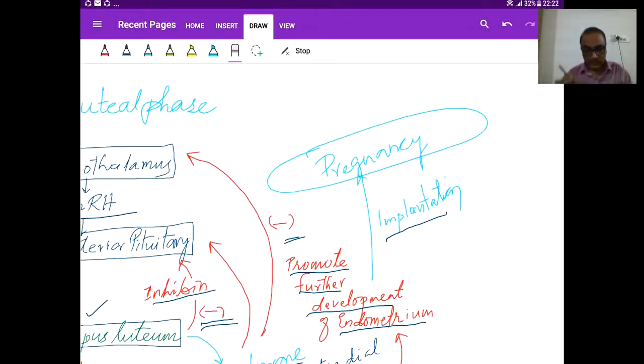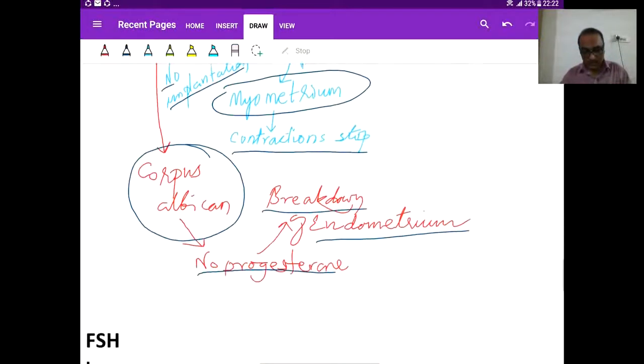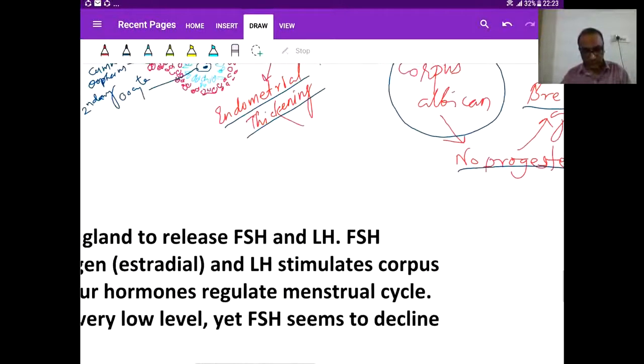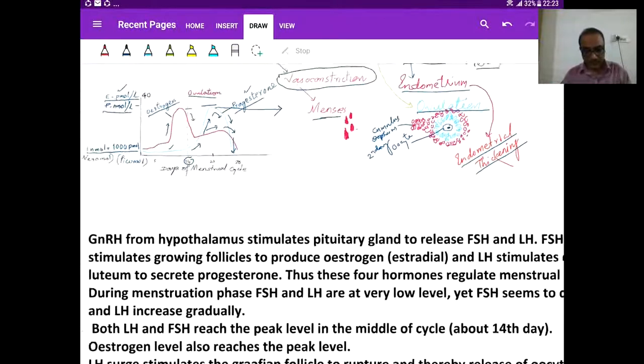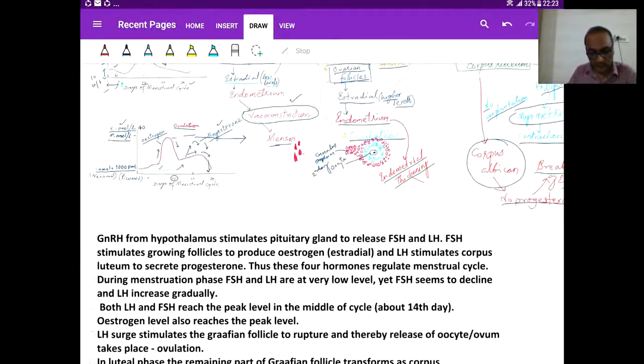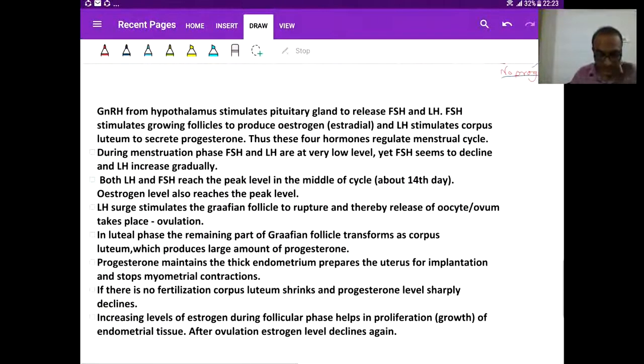Is that clear, students? Now let us go through the points which I have written down there. I have typed some of the points just to summarize what we have discussed so far. Let's take up. As we know, GnRH from the hypothalamus stimulates the pituitary gland to release FSH and LH.